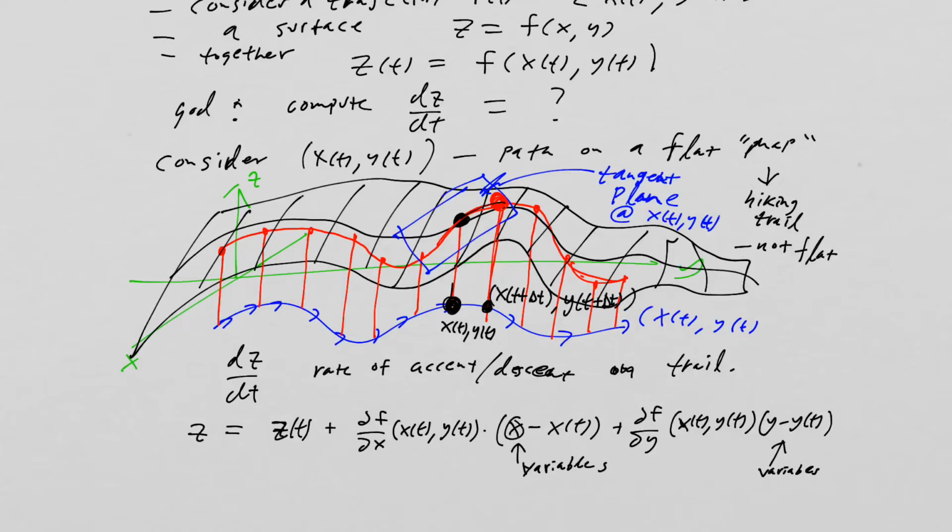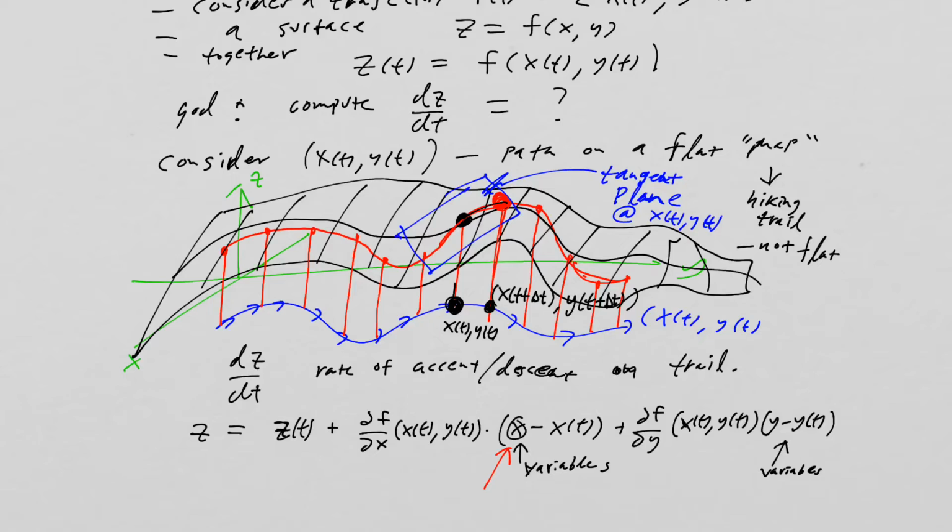Okay, and I want to know what the gain is in z, how much z changed as I changed delta t. So that is going to be my x of t plus delta t, and that right there is going to be my y of t plus delta t. So y at a little bit later point.